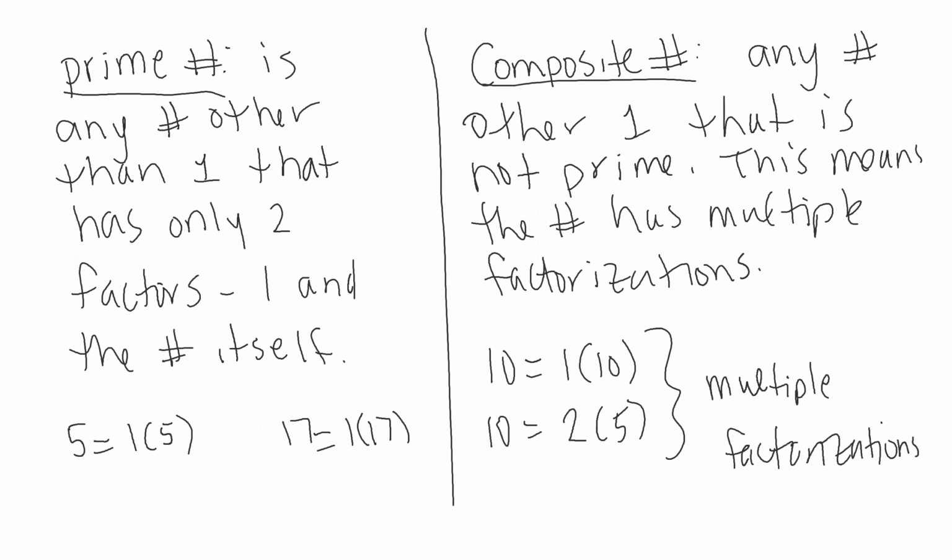All right, so again, prime numbers, the only way to multiply to get a prime number is to multiply that number by 1. Composite numbers have multiple ways to multiply to get that number. So 1 times the number itself, and then some other pairing of numbers that would multiply to give you whatever. All right, so that leads us to the big topic here, prime factorizations.